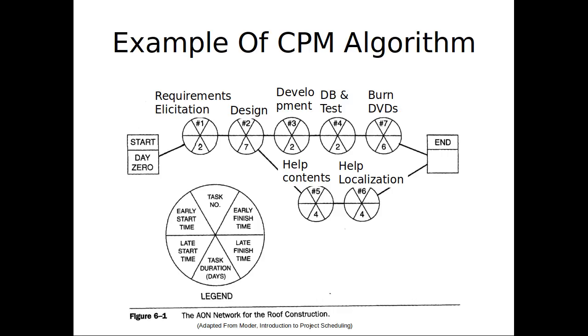This one in the lower path, it doesn't have to start till what day? It doesn't really have to start till 11. But the point is, node 2 has to finish by 9, not 11, because it's the minimum of the things that depend on it. If there's one thing that depends on it that has to start earlier than the others, it has to finish in time for that, or else it will delay the whole project.